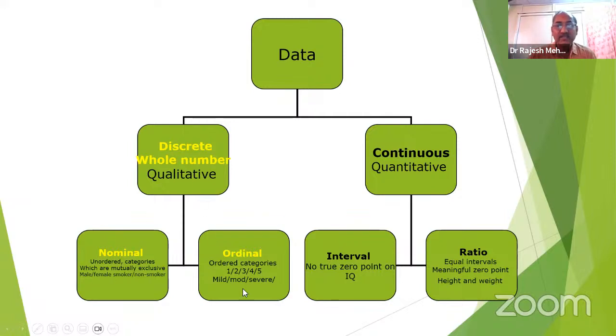And then maybe ordinal data, mild, moderate, severe categories. The order has some kind of meaning. While in continuous quantitative data, usually we go for the ratio scale like height, weight, etc. That is more widely used.